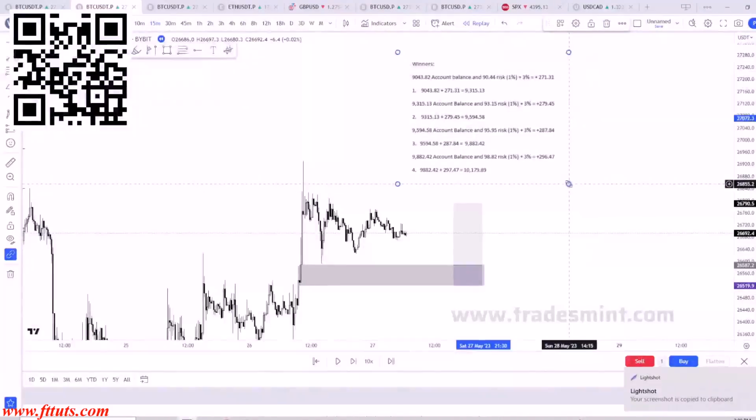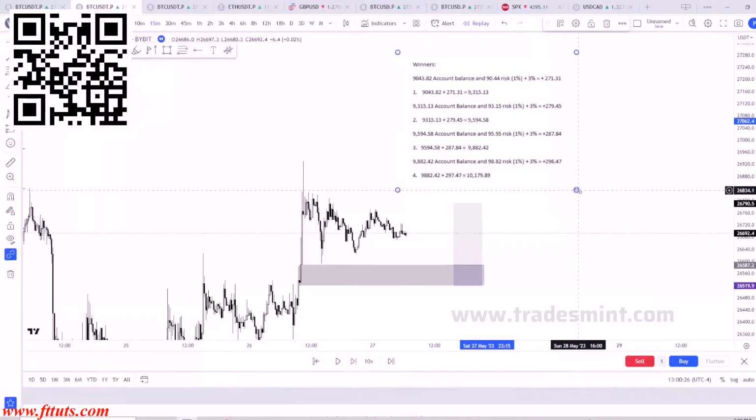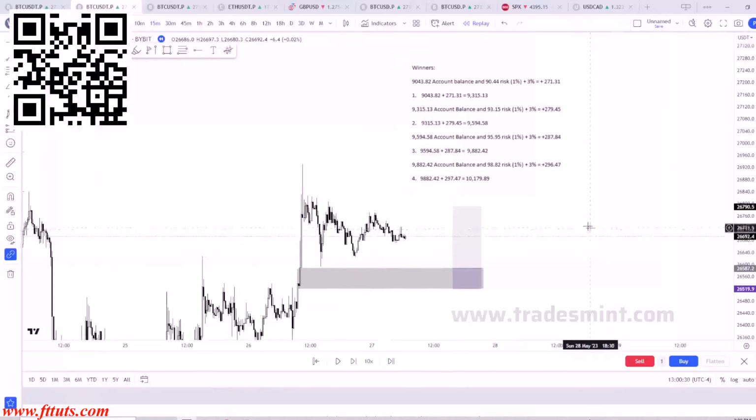How would you get back that $957 loss that we just looked at after losing 10 trades in a row? In this case, as you can see, earning 3% per trade over 4 trades in a row, despite losing 10 in a row, would actually net you this. You would end up positive $179.89. And you can double check that math if you'd like to.